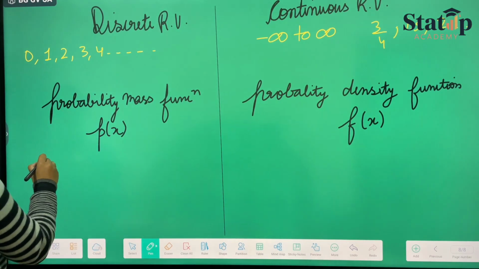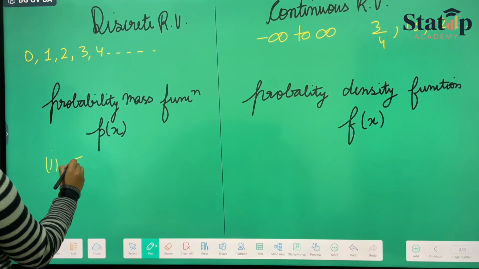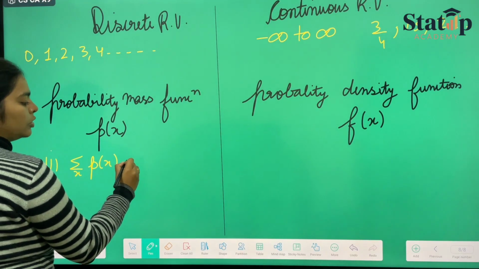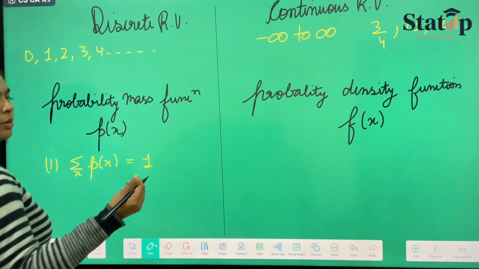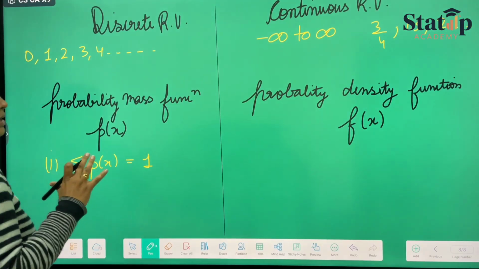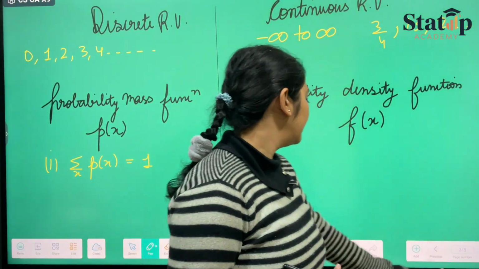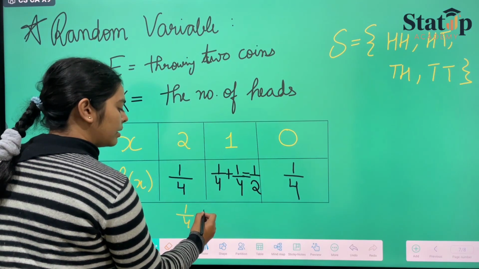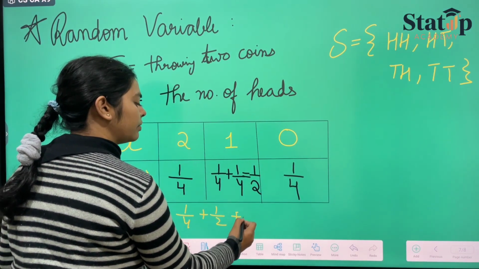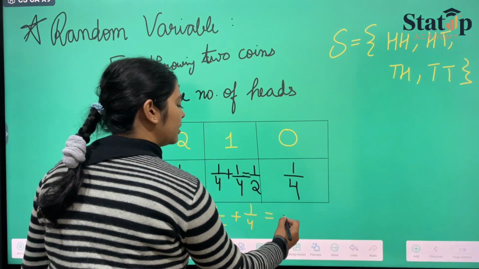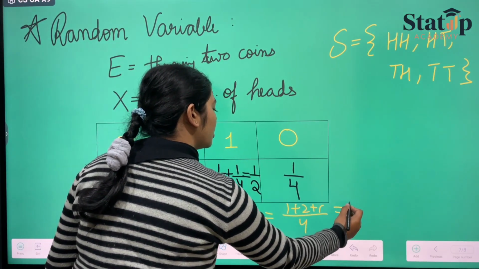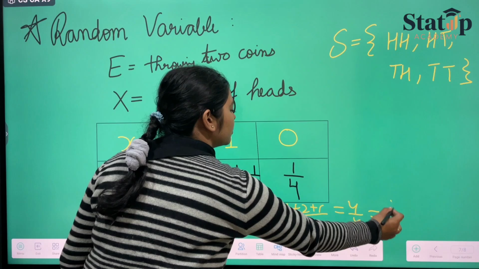In a discrete random variable, the summation of probability over x should always be equal to 1. We all know that probabilities when added equal 1. You can see it here also: if we add 1 by 4 plus 1 by 2 plus 1 by 4, the denominator will be 4, and 1 plus 2 plus 1 is 4 by 4, hence it is 1.